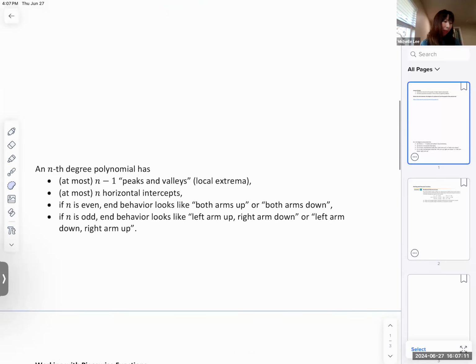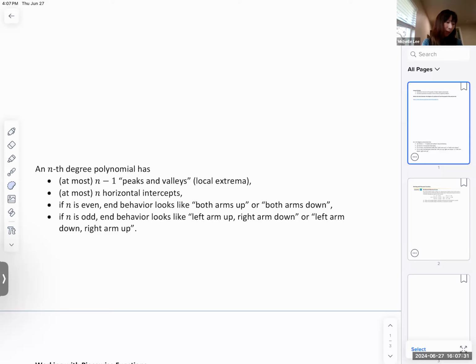So we have nth degree polynomials, like x to the third power, or 4, 5, 6. Everything is a polynomial, right? Then we have at most n minus 1 peaks and valleys, local extrema.